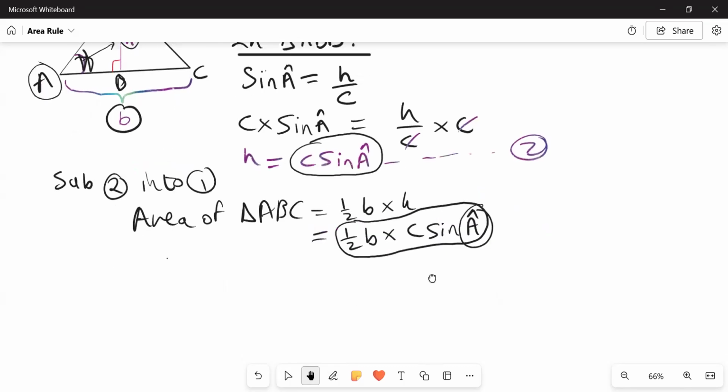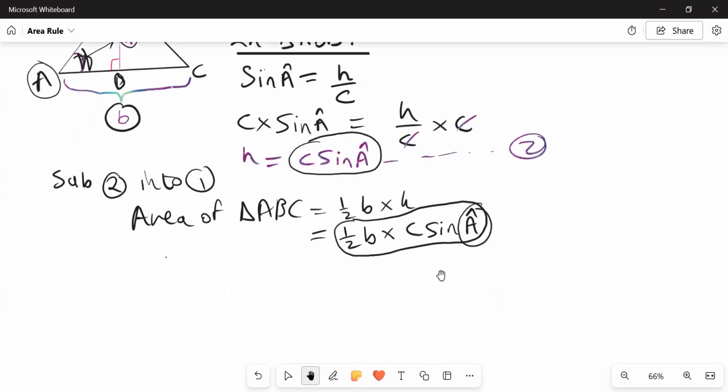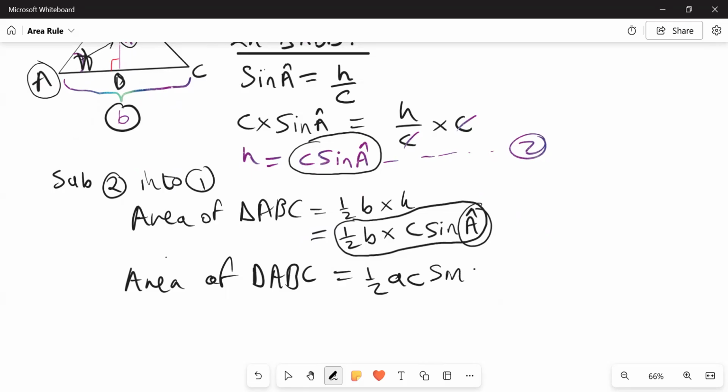So we can also say, similarly, the area of triangle ABC can also be written as half AC sine B, if our B is an included angle.